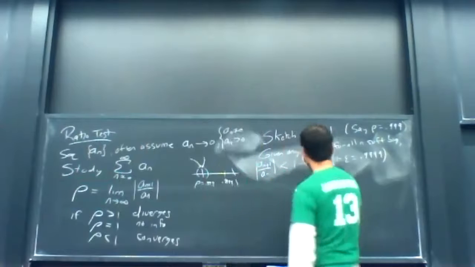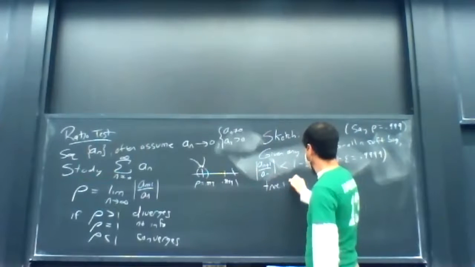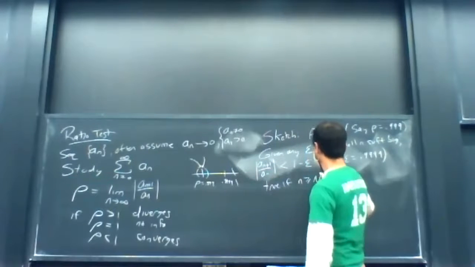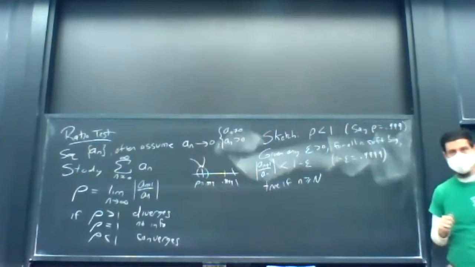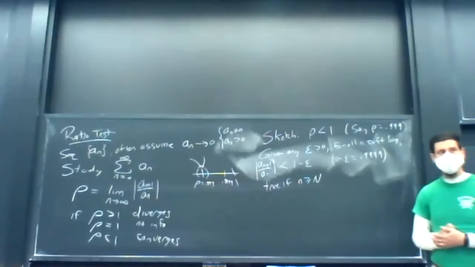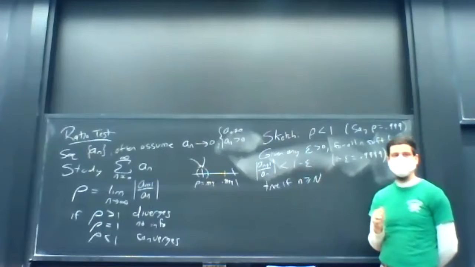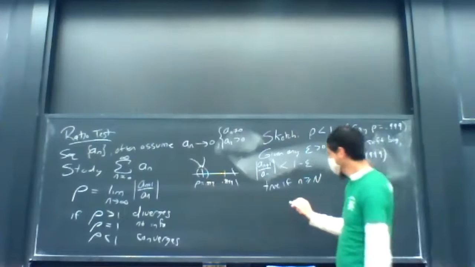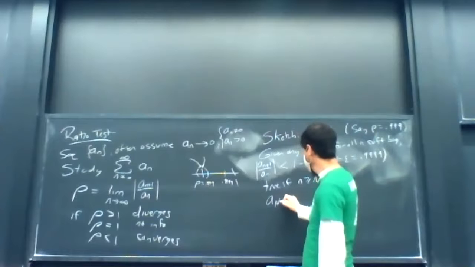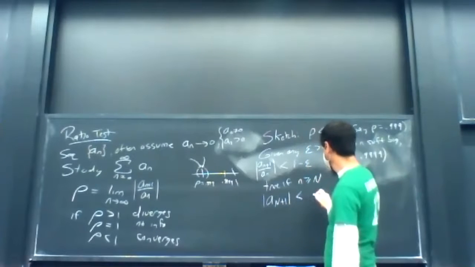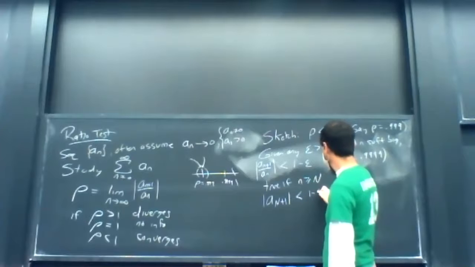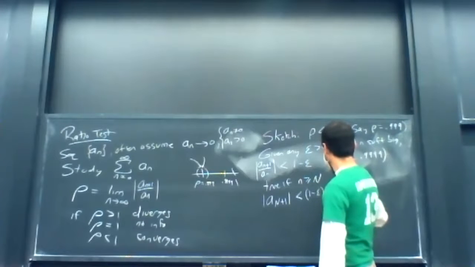So let's say this is true if n is greater than or equal to big N. So from this point onward in the sequence, the ratio of adjacent terms is at most 1 minus epsilon. So this tells us that a_{N+1} is going to be less than 1 minus epsilon times a_N.